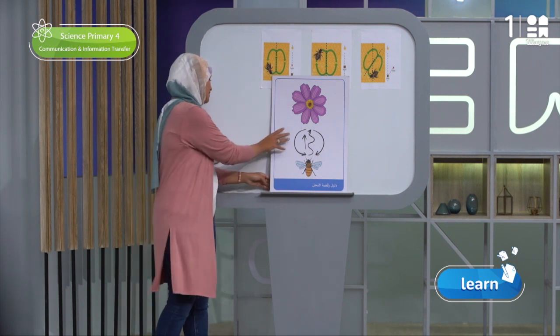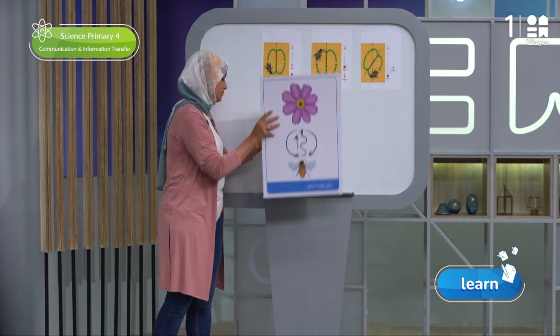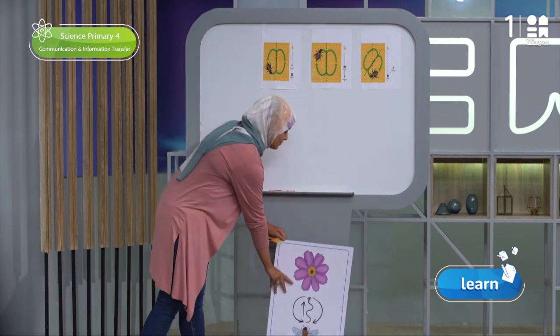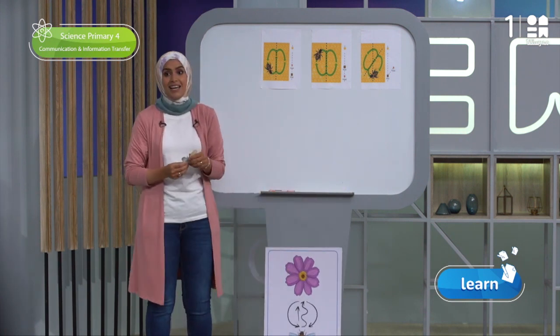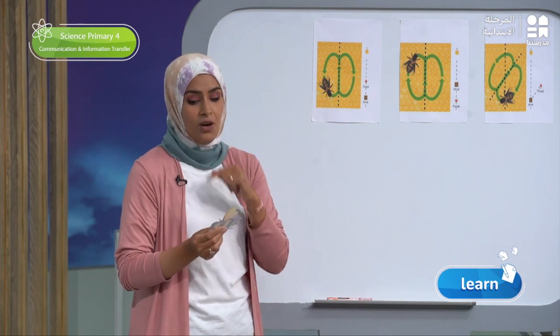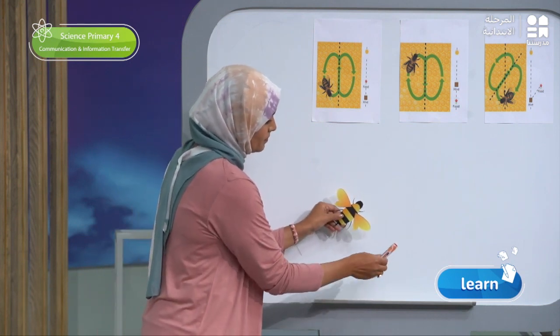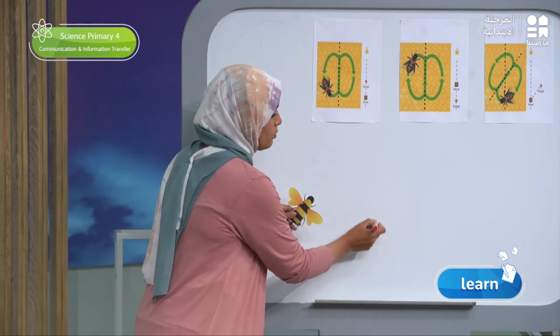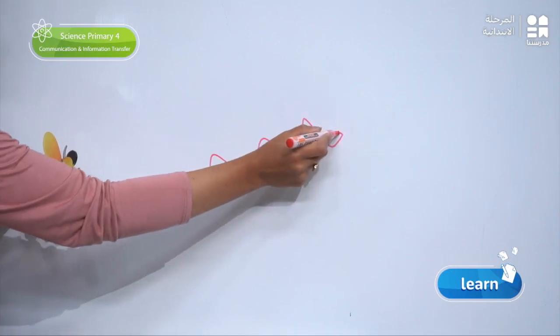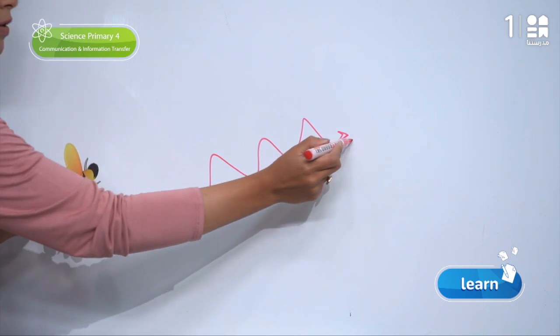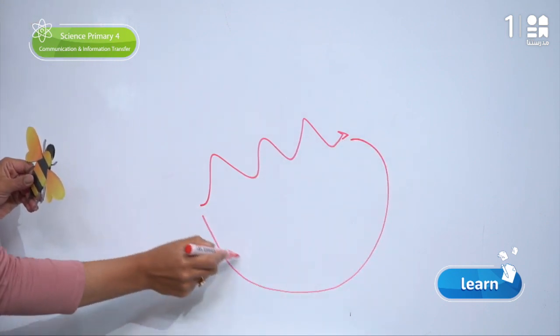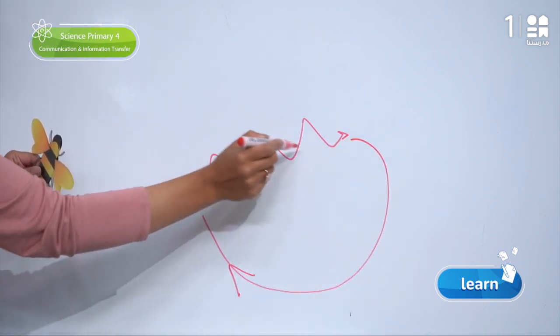Let me try this code with you. Remember, I am the scout bee and you are the other bees in the hive. So here's my bee. First, we will move in this direction. This is the waggling. Then we will make a round to the right. Then another waggling.